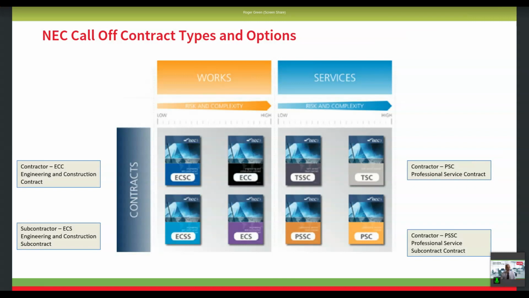And again, the two parts of that are either the construction part of the contract, which is the engineering construction contract, or it's an ECS, and you can see that it gets adjusted by the phrase subcontract on top of them. But the idea is that these thread through. So wherever you have one clause that's applicable to a KDP partner as a contractor, that same clause is applicable down to the PSC as well.